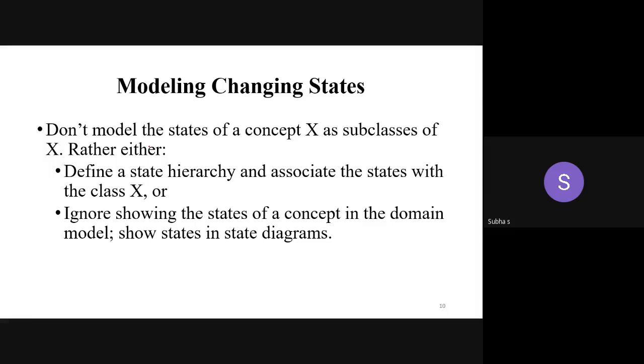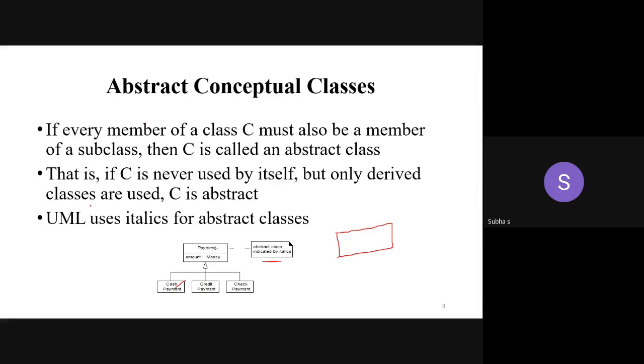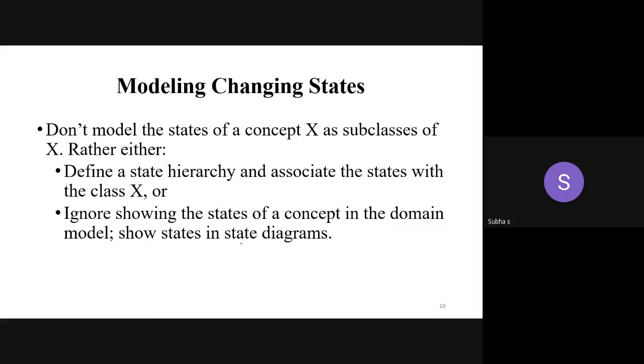Don't model the states of a concept X as subclasses of X. That means, suppose you have one superclass. You can't model the state. State means behavior or the current position. You can't directly model all the states of concept X as the subclasses of X.